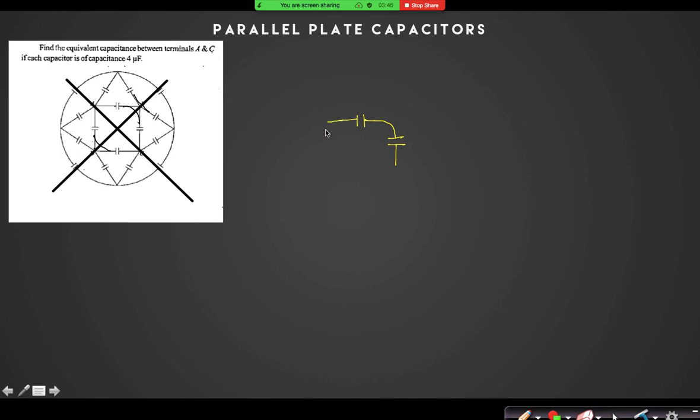And this one, I have opened this one, so now this is one circuit. And I have opened this one, so that is also one branch.